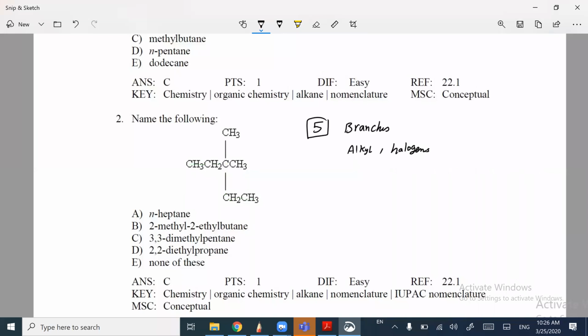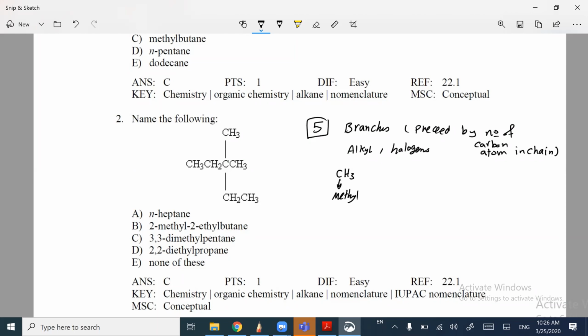In case of alkyl, CH3, it will be methyl, giving it the name methyl, and the branch is preceded by the number of the carbon atom in the chain.